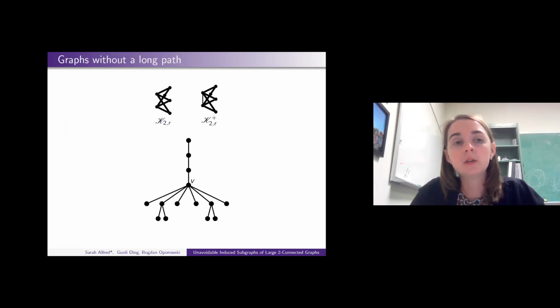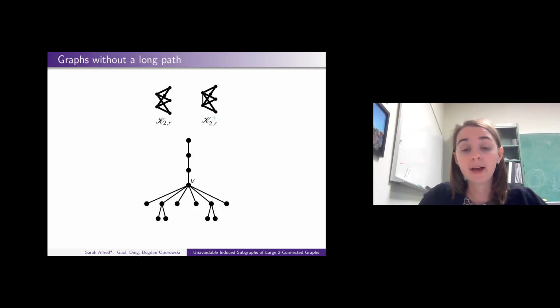The first thing we want to do is, since we have a connected graph, we're going to take a spanning tree of that connected graph. Moreover, we're going to take a normal spanning tree. For a normal spanning tree, any edge of G that is not on this spanning tree has to go from a descendant to one of its ancestors.